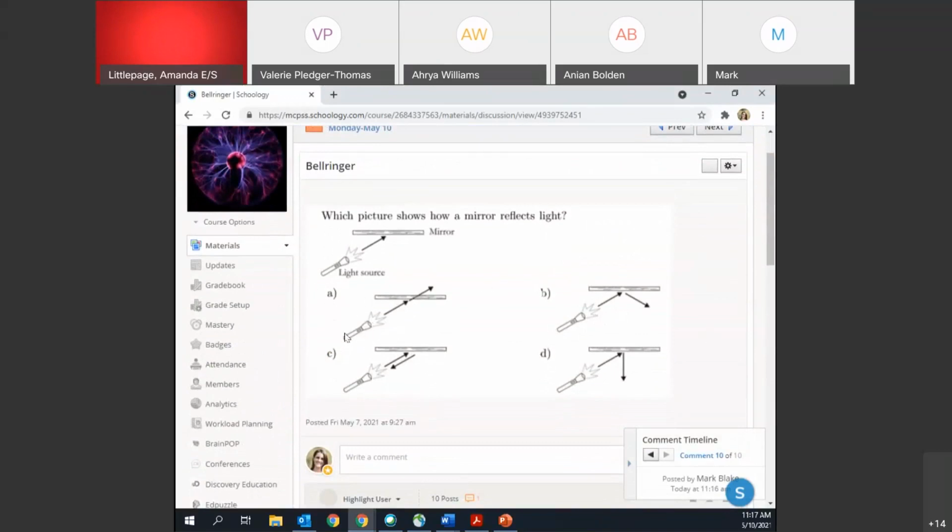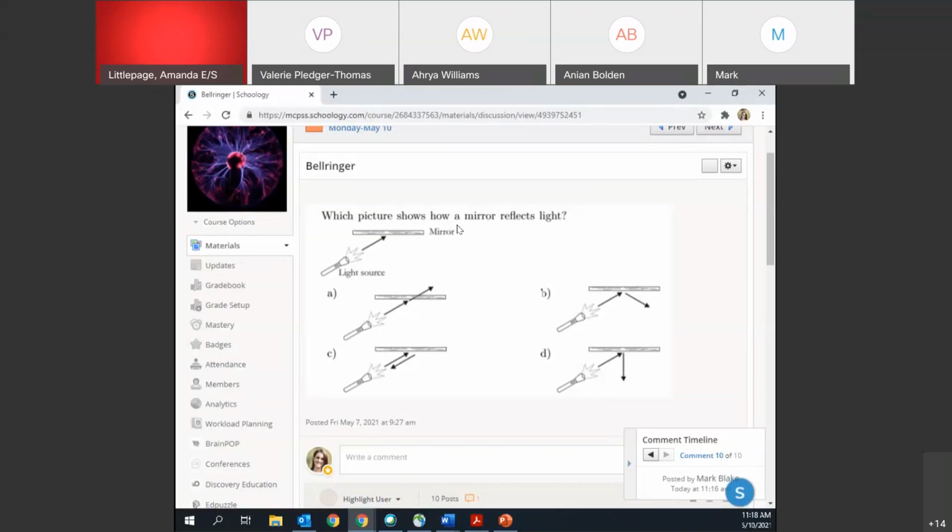So let's take a look and work through each of these options. So letter A, here's our flashlight, here's our surface, and there's a light shining on it. But clearly, A is showing that this is, well, a transparent object, meaning that light would pass through it.